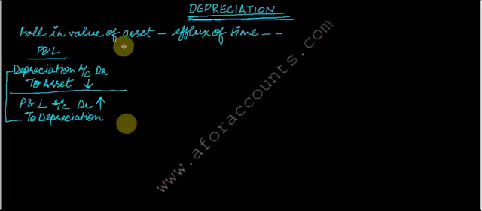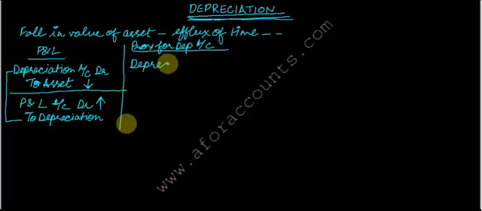These entries I pass generally when I don't have any provision for depreciation. Now, what are the entries to be passed when I have a provision for depreciation account? Okay, the entry will be depreciation account debit to provision for depreciation.